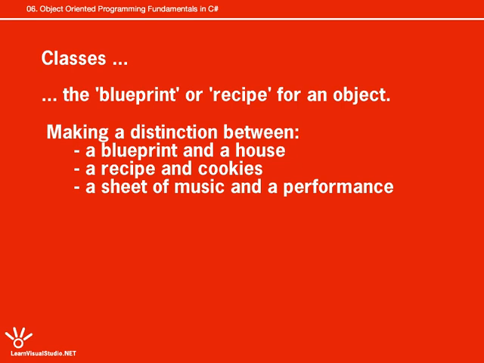Same recipe, but each cookie is shaped just a little bit differently. Same piece of music, each performance sounding just a little different. That essentially is the difference between a class and an object.